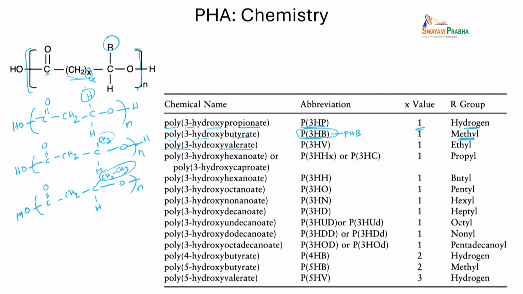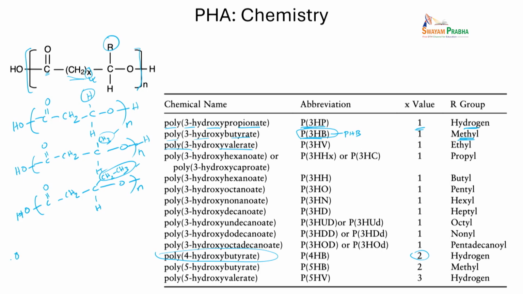So depending upon whether you have hydrogen or methyl group or ethyl group, you have a different polymer. The moment you change one side chain group, the property is also going to change. And then there are also other things. For example, if you consider P4HB, here X is equal to 2. That means this will have a CH2 CH2 group.